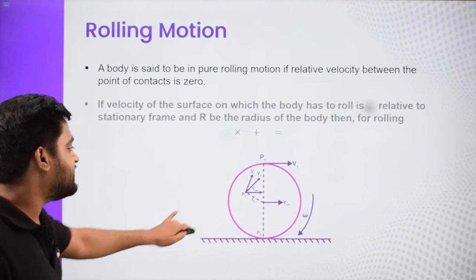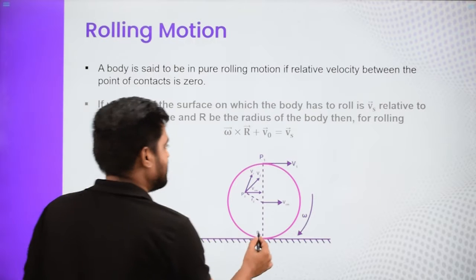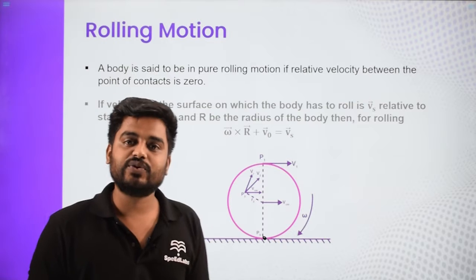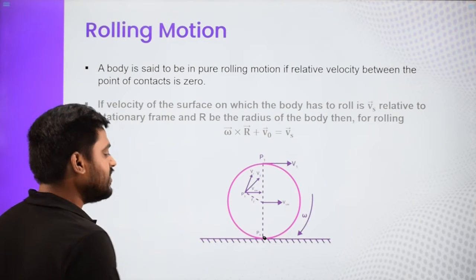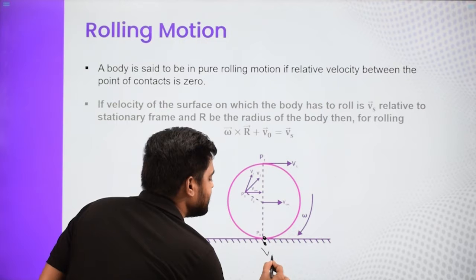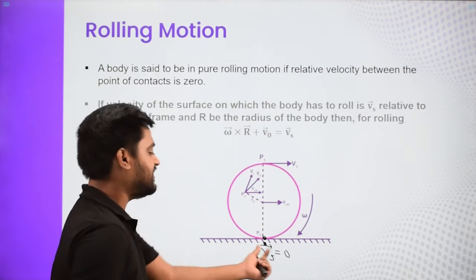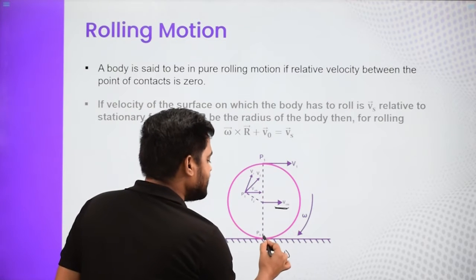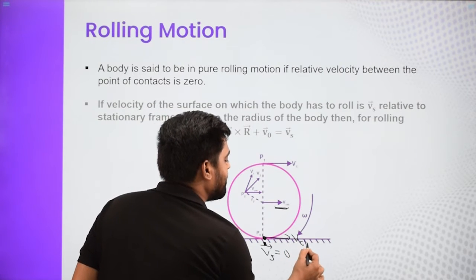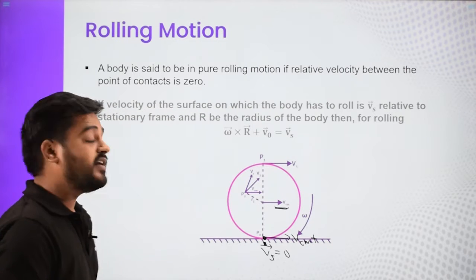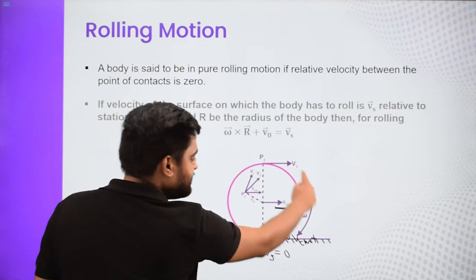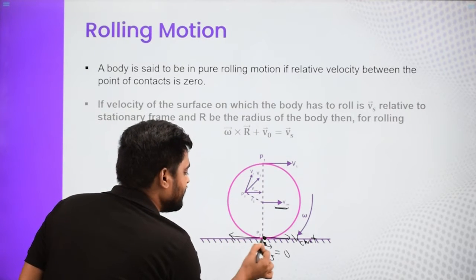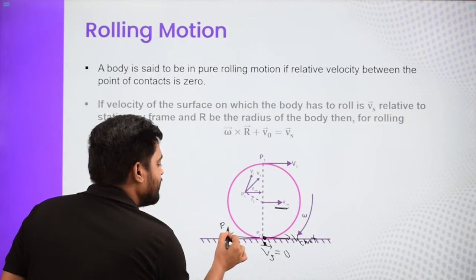And now here we can see a figure. This is the object which is on the ground. This is the condition for an object to do pure roll on the ground. This point on the ground has velocity 0. If this entire object is going with VCM, then what is the velocity of this point? It is VCM plus omega cross r. What is omega cross r? As you can see, the object is rotating like this, so due to this omega, the velocity of this point is going to be r omega this way.